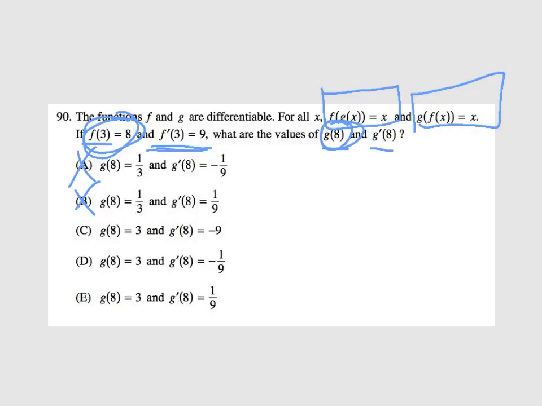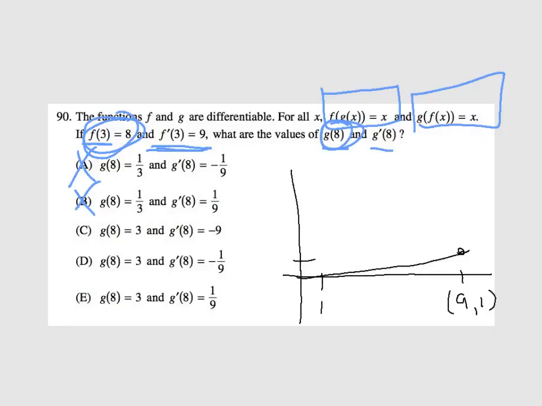So right now we could theoretically guess. That being said, let's do something that I think will be helpful visually for you guys to see. If I graph an inverse function, just any inverse function that I can think of, and I'm going to go ahead and plot the point 9, 1 with a linear function. The inverse of this linear function is going to have the output 1, 9.